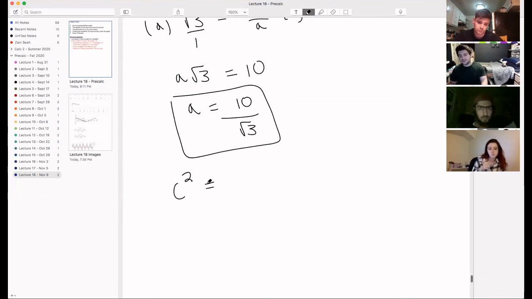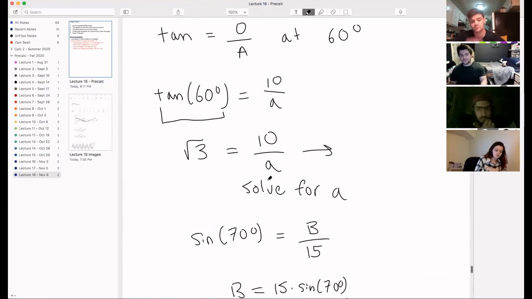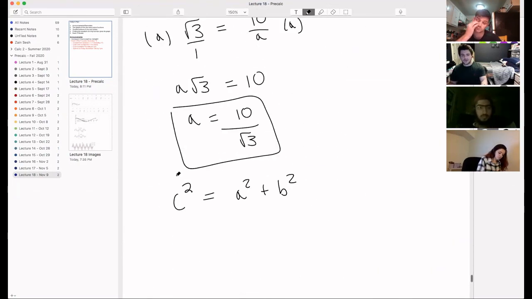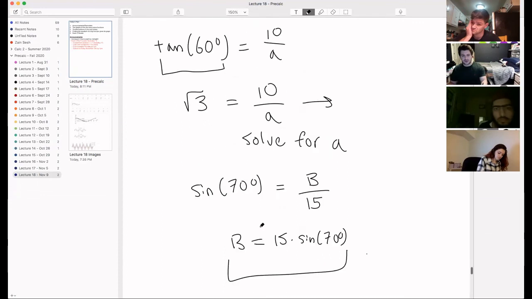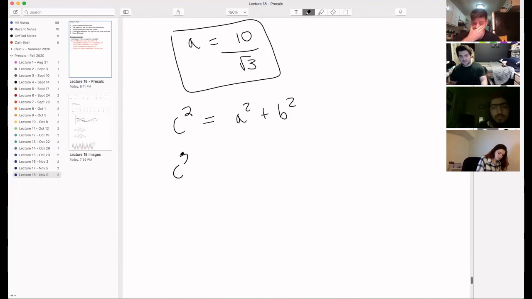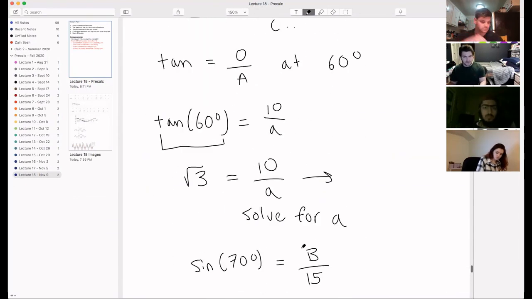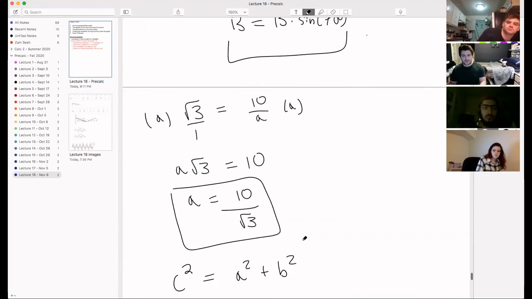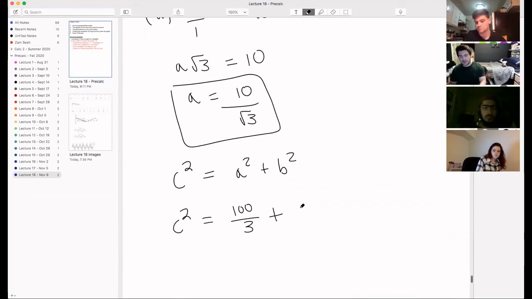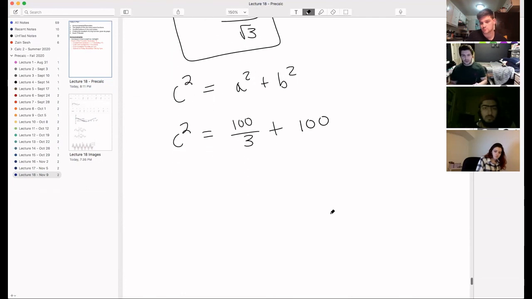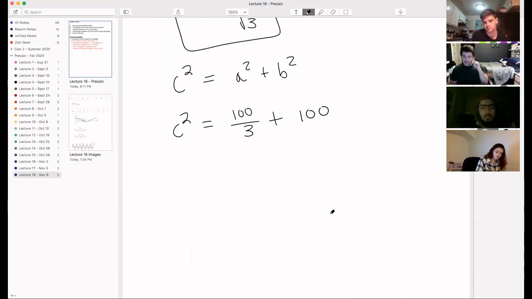So we know that c squared is equal to a squared plus b squared. c is the hypotenuse, and I think that's what we're looking for. Yes, so we literally just need to solve this. So c squared is equal to a squared, so that's going to be 100 over 3, plus b squared. b was given to us, plus 100. Okay, so now I need to do this on the spot.